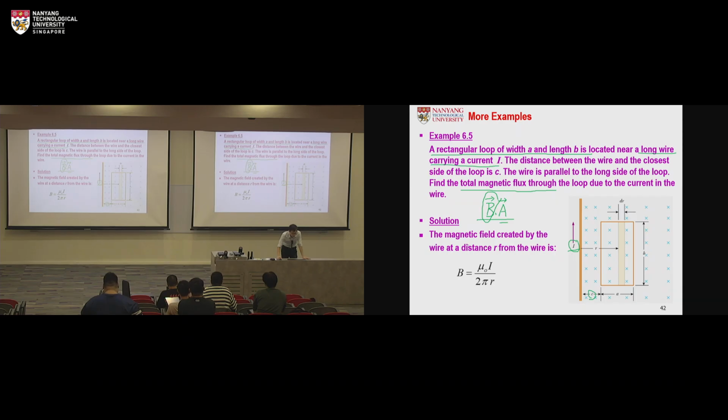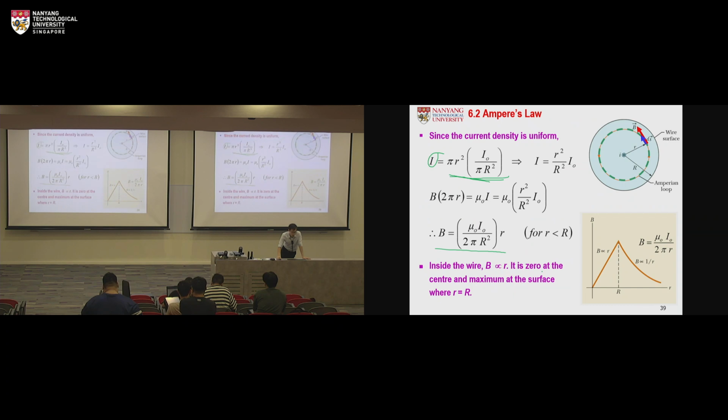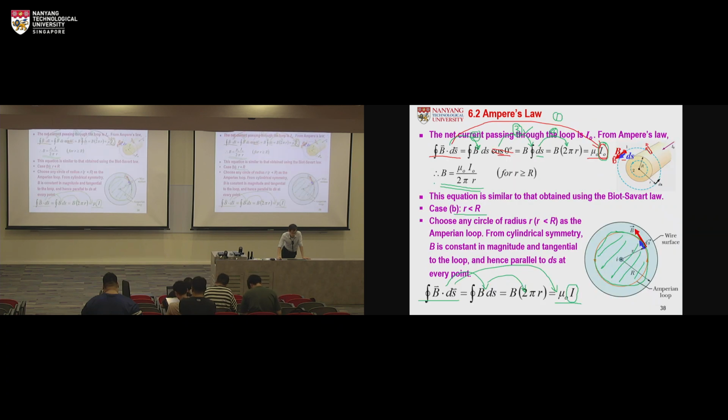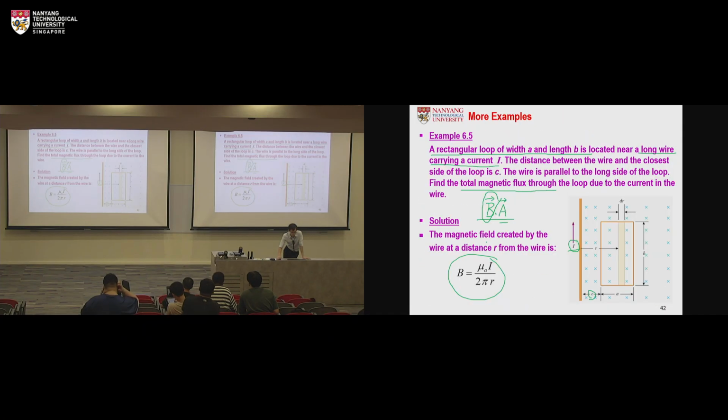this is the magnitude, right? Actually very similar to this one. So now you tell me based on this one, let's say at this point is B1, at this point is B2.